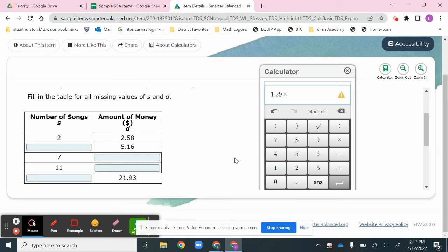I was being kind of tricky there. Oh, it's $9.03. So for this one, we can put in $9.03. Okay, all right. So I'll give you a second to figure out the rest of them.